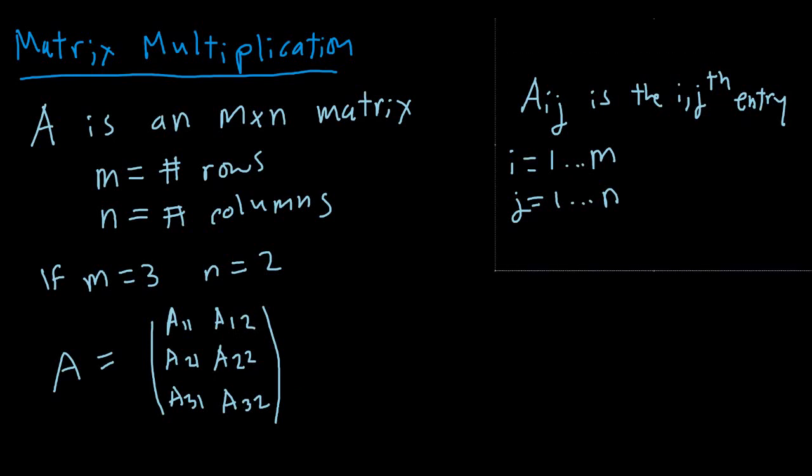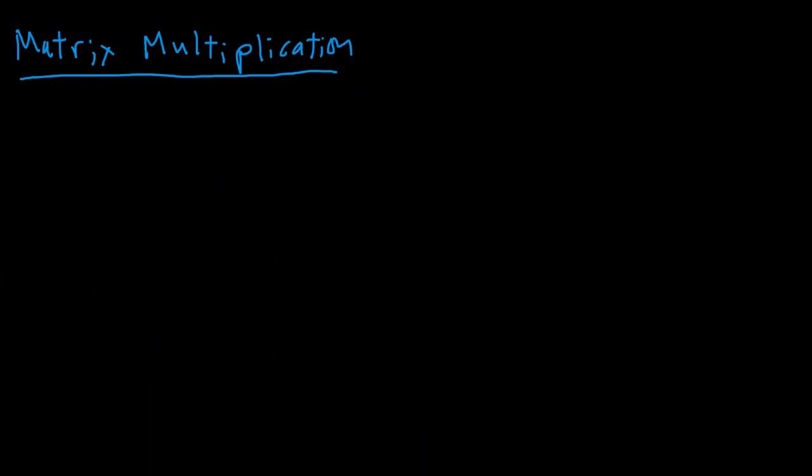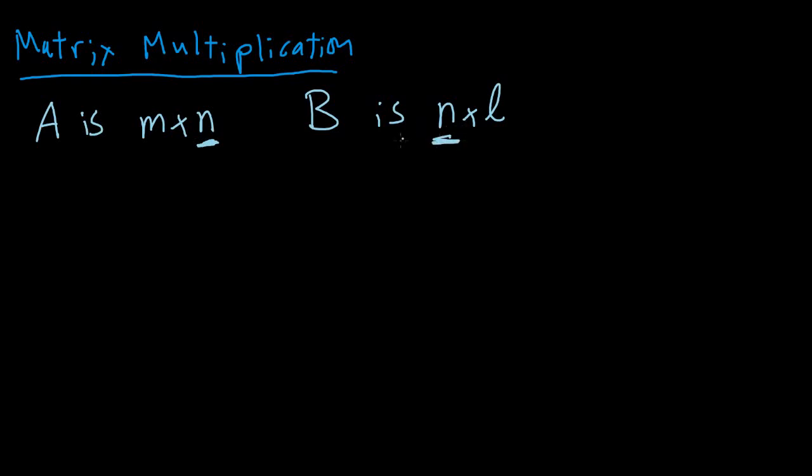Now, matrices can be multiplied together, but only if they have the right dimensions. So let's say A is an m by n matrix and B is an n by L matrix. Because the number of columns of A is equal to the number of rows of B, you can multiply these two matrices together, and you would write that as AB.